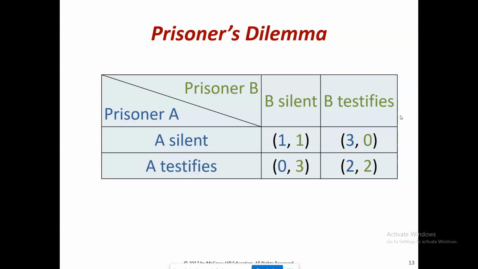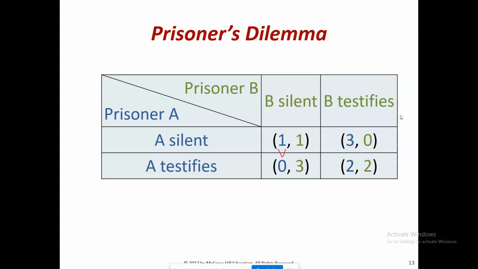The reasoning involves analyzing both players' best responses. B will either be silent or testify. If B is silent, A should testify because going free is better than serving 1 year.